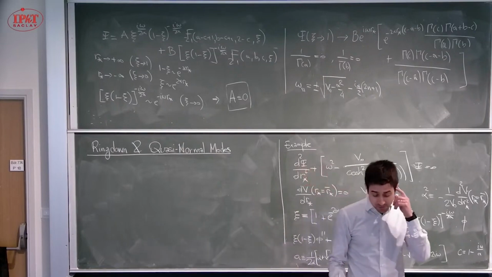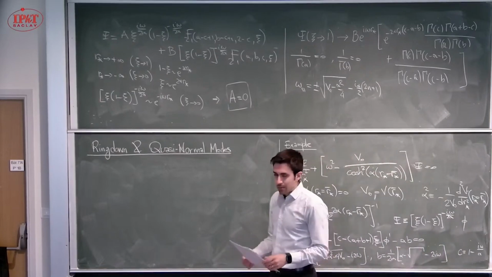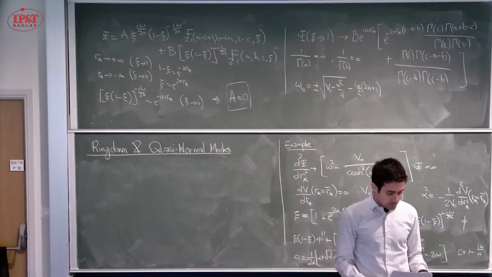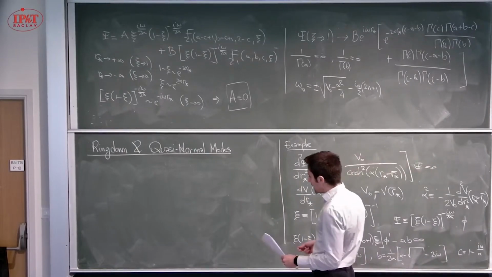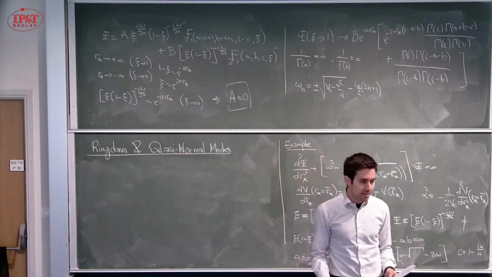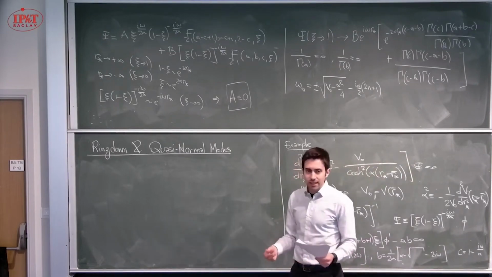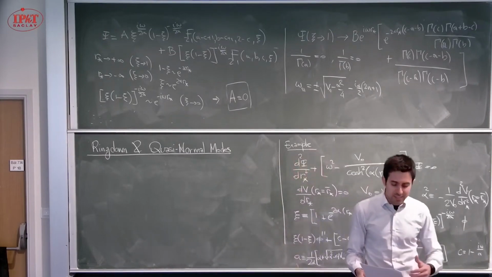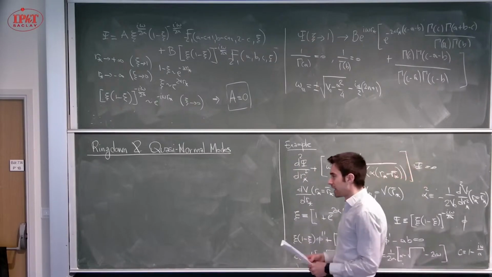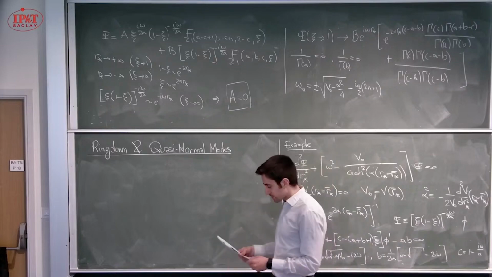So let me comment a little more on the WKB approximation, not because it's particularly efficient for computing the quasi-normal modes, but at least it gives an idea of why these modes are sensitive to the properties of the potential at the maximum.